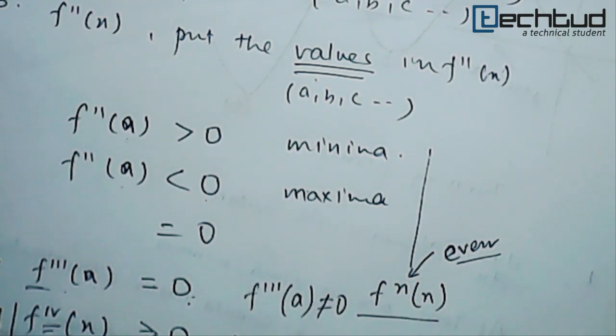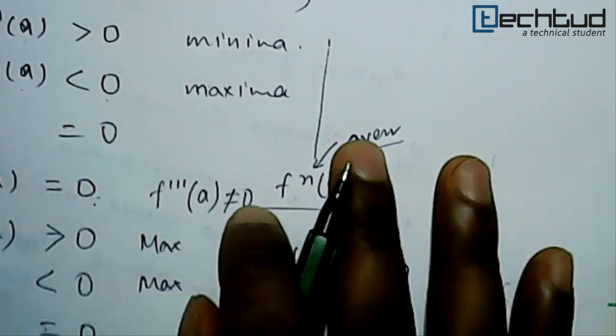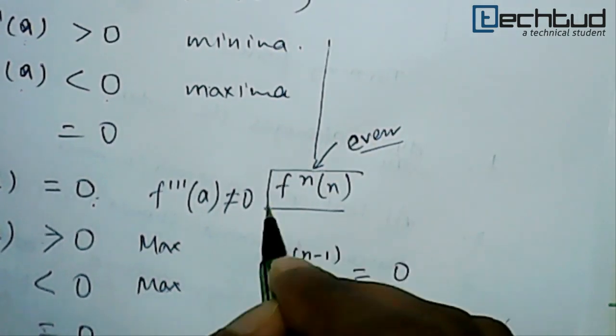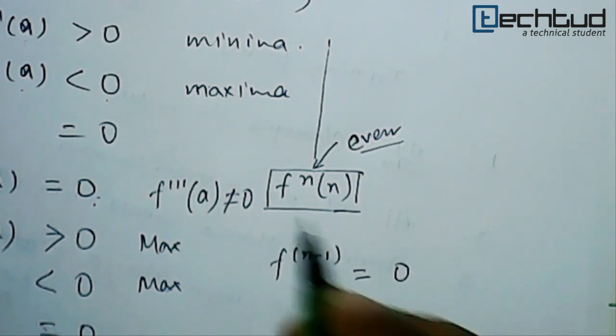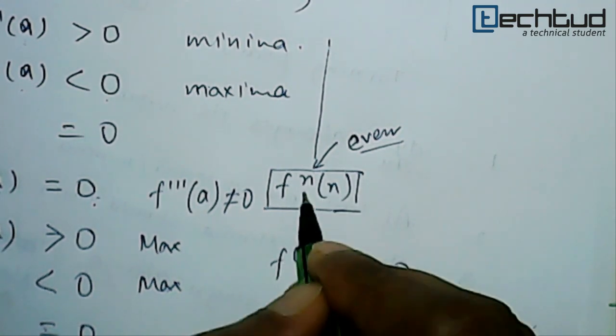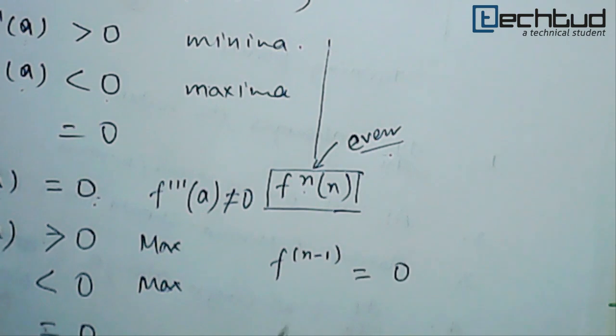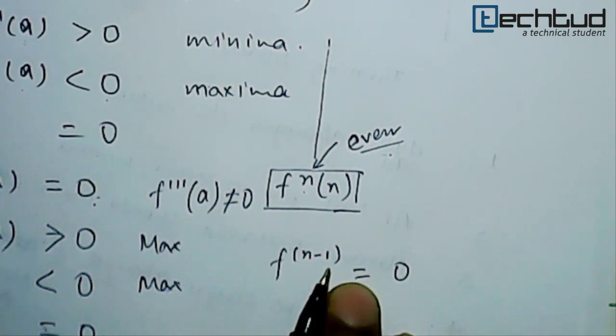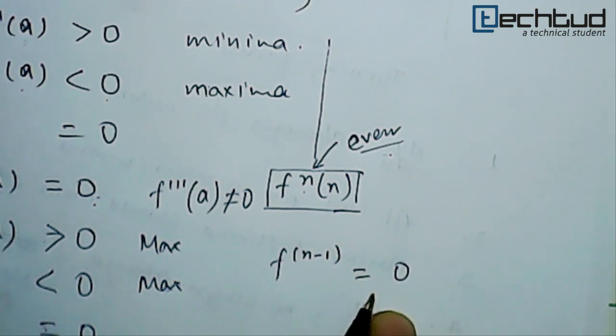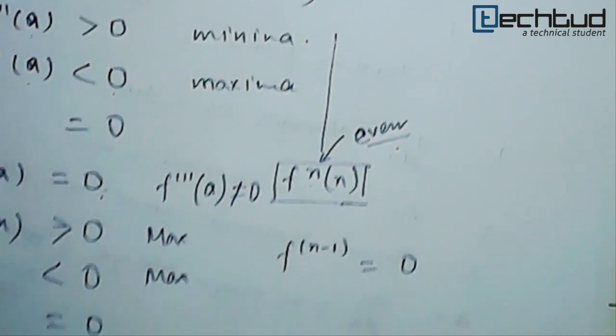And likewise we will go ahead, and the deciding factor will be the even derivative fn(x) where n is even, and up to f(n-1) we should get 0. So likewise we will proceed and calculate.